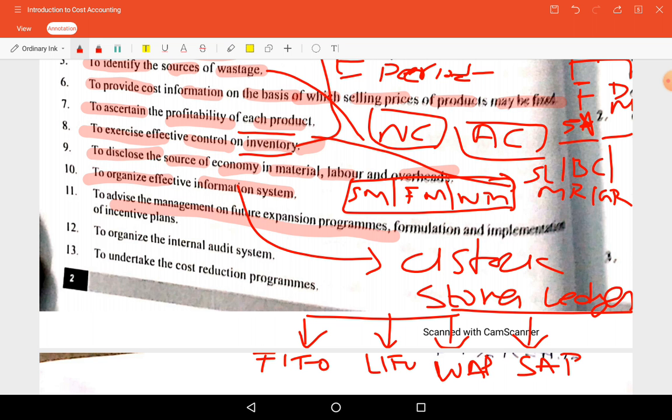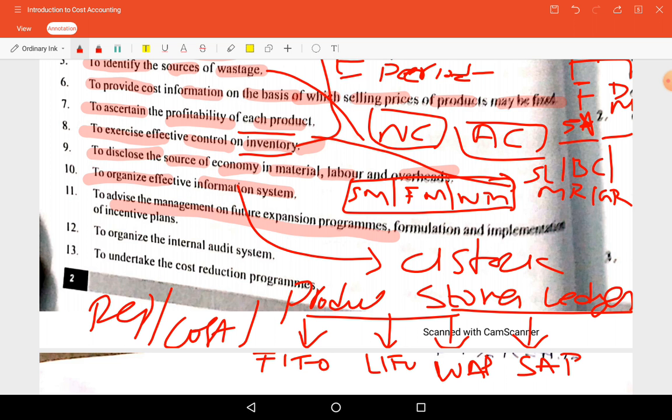Inventory information will be provided, and not only inventory information, any information which is required for the organization will be provided immediately by cost accounting, because information will be provided department wise, cost center wise, or product wise.